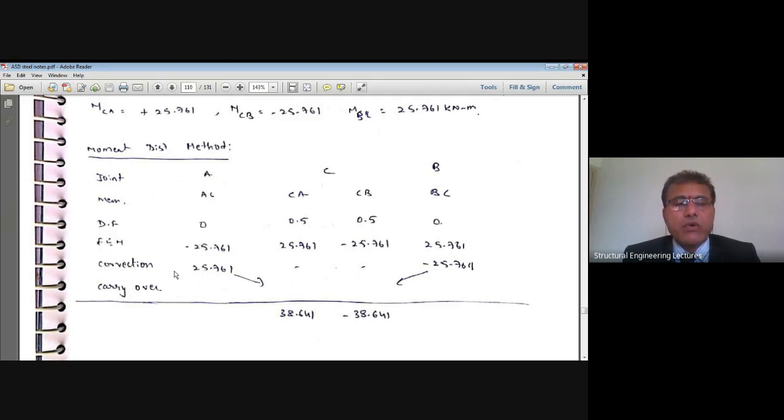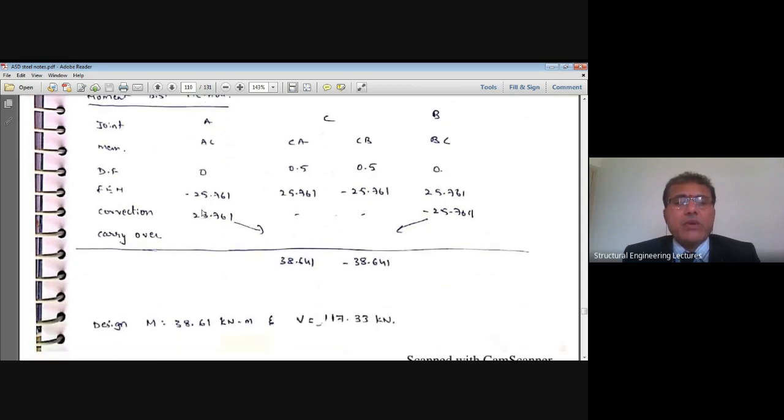Because support A, being a simple support, cannot take any moment, I need to do a correction or modification. Because this is minus, now I'll add plus so that its summation becomes 0. Similarly, at support B, I'll do the same. That is positive, hence I'll add minus 25.761 so that the summation is 0.